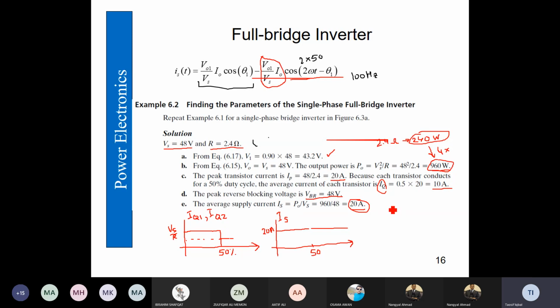Because in this case we now have 4 switches, and for one direction 2 switches are operating. So the DC current, average DC current comes 10 amperes for one half cycle.